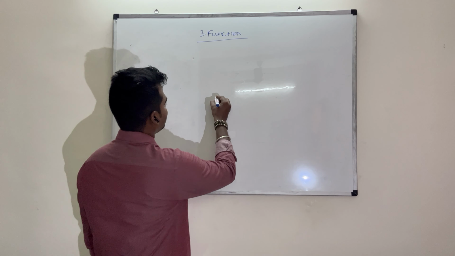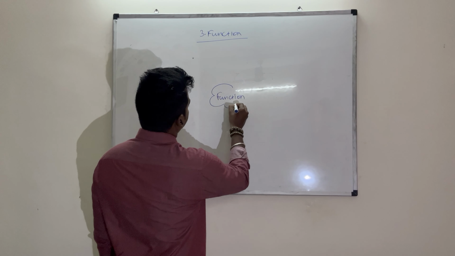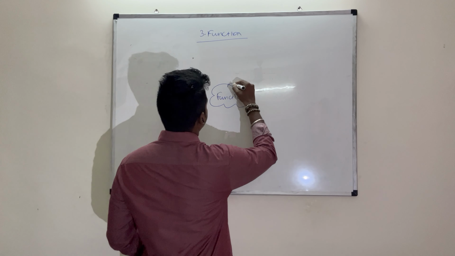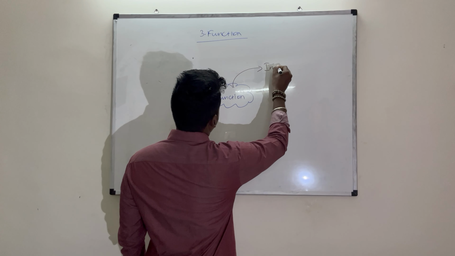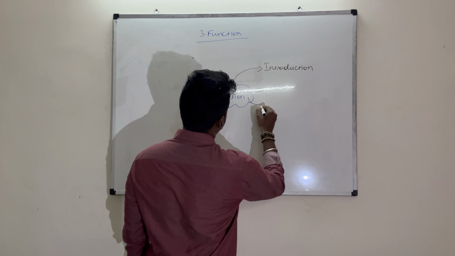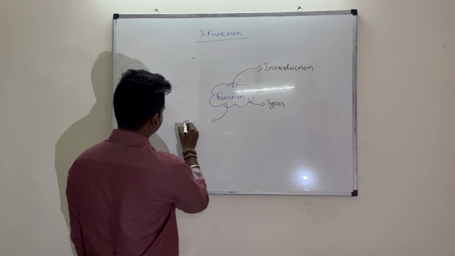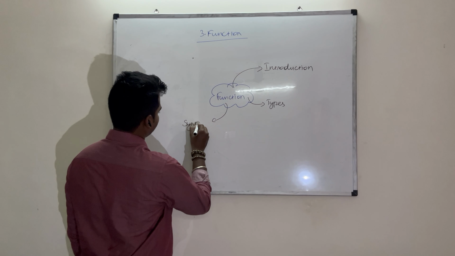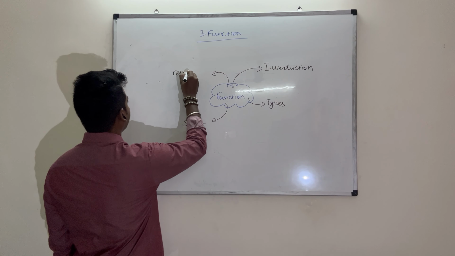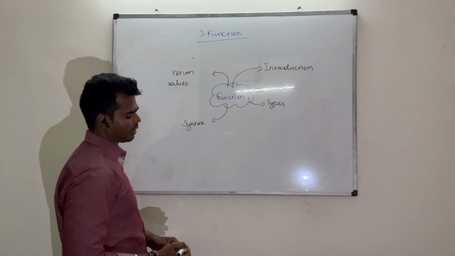Today we are going to see its introduction, its types, its index, and how the function returns the values. These four things we are going to see, one by one.